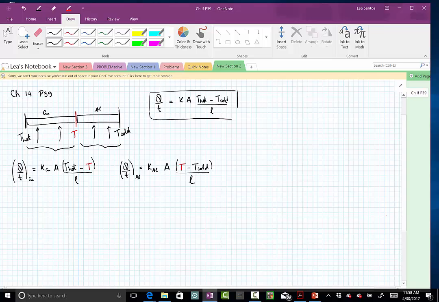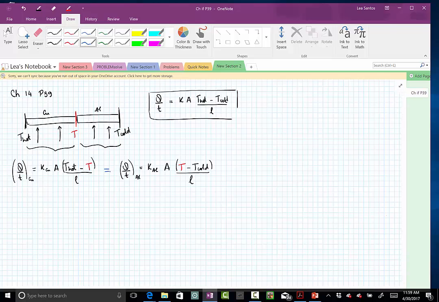Now, as I said, the heat flow in any of these two rods has to be the same. The amount that passed through the copper has to be the same as that through the aluminum. So all we have to do is make these two equations equal, and then we'll be able to find that T in between the two rods.